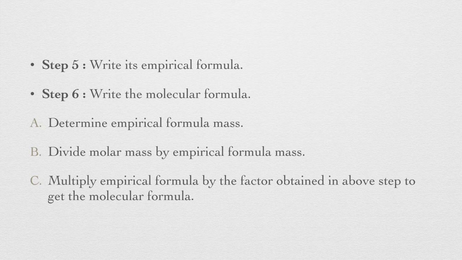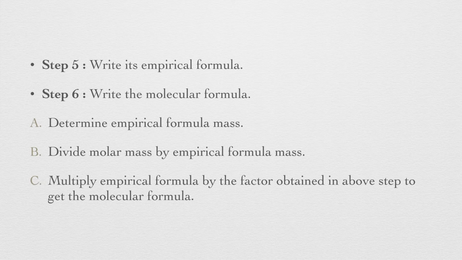Now in the last step, first thing is I have to determine the empirical formula mass. Now what is this empirical formula mass? Simply, if for example I have taken CH2O, the empirical formula, I just have to put the atomic masses of each of the atoms.